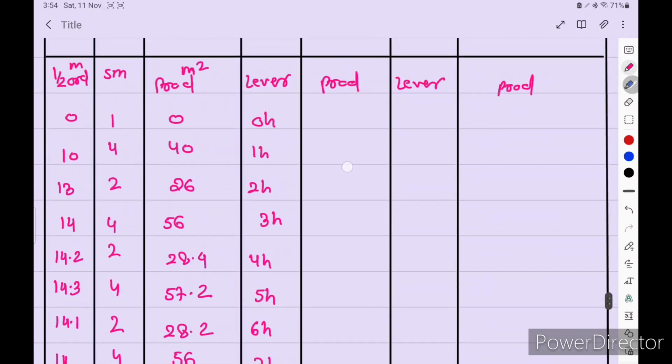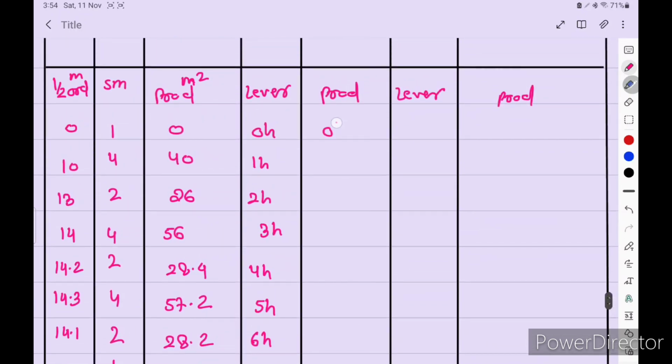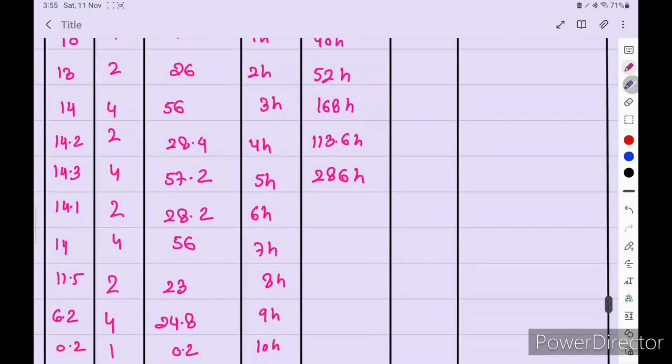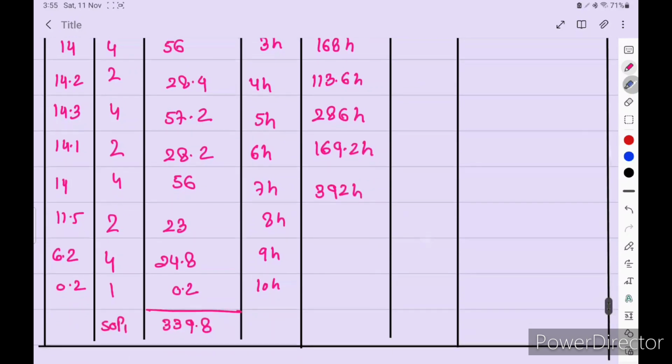Now product and lever multiply, so we get 0H, 40H, 52H, 168H, 113.6H, 286H, 169.2H, 392H, 184H, 223.2H, 2H.